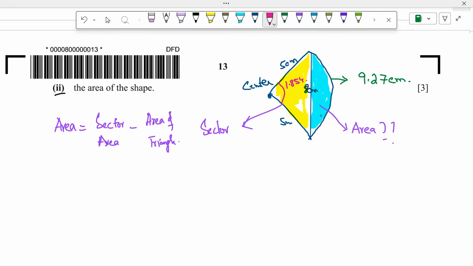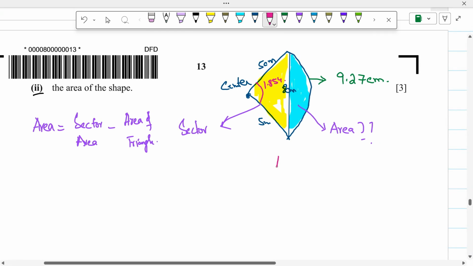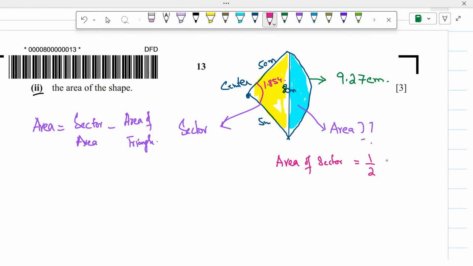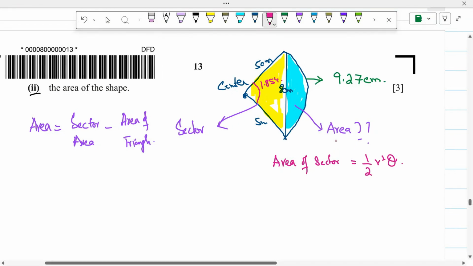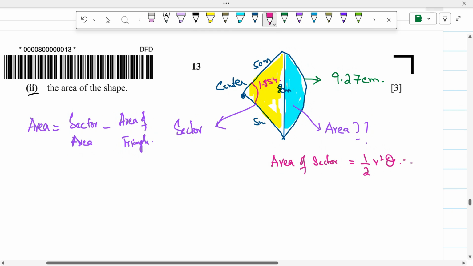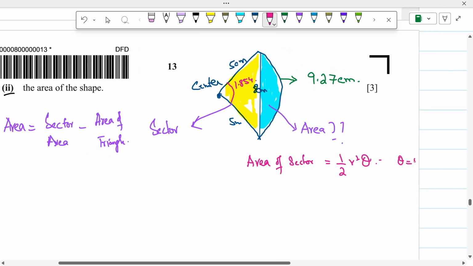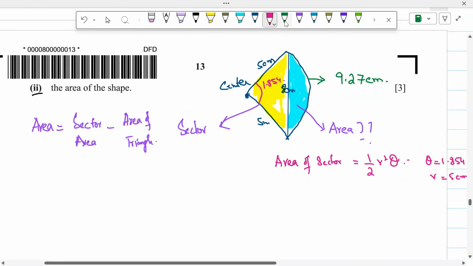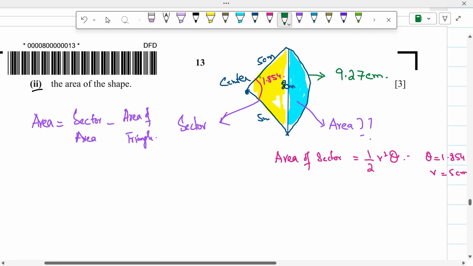Now we need to find the area of the sector and the area of the triangle so that we can find this shaded area. The area of the sector is equal to 1/2 r squared theta, and we just calculated theta, which is 1.854, and r is equal to 5 centimeters, given. Similarly, we need to find the area of the triangle, which is the yellow shaded region.